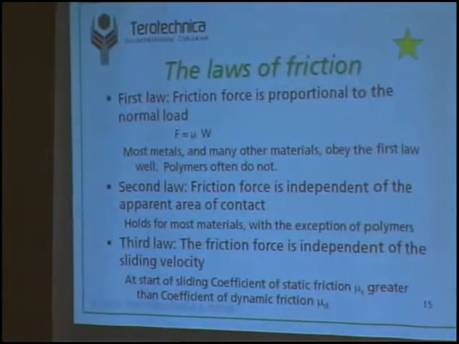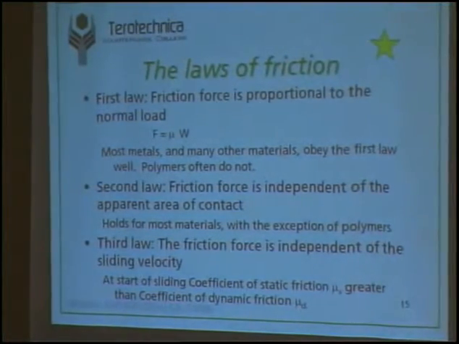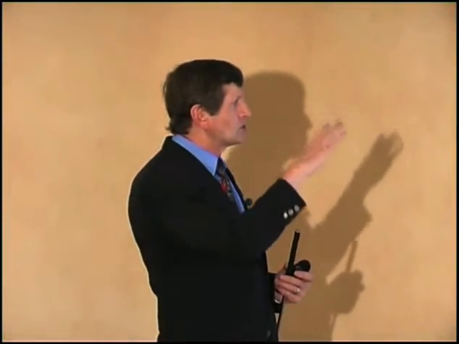The third law says that the friction force is independent of the sliding velocity. In other words, it doesn't matter how fast it slides, the friction force remains the same. There's no relationship there. Now, those three laws of friction were postulated very, very long ago.